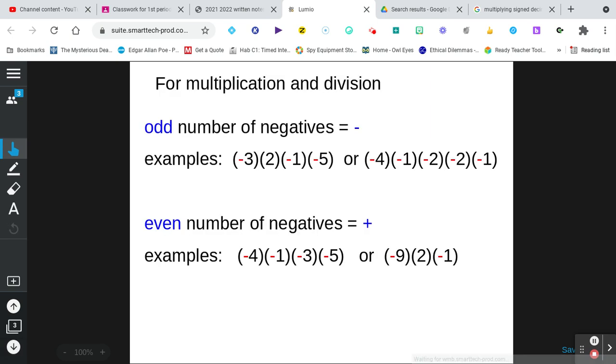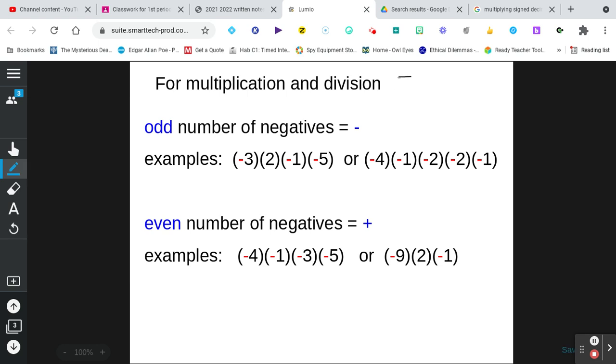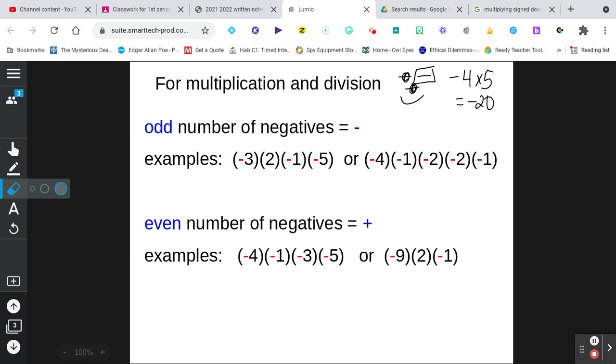Now, I'm going to recall signs real quick. For multiplication, I gave you all the smiley face. Suppose you had something like negative 4 times 5. You could cross out a negative and a positive, and you're left with a negative, so this equals negative 20. Or suppose I gave you something like this.